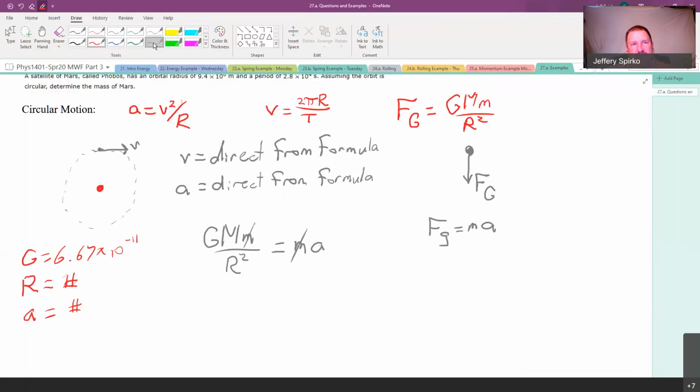It is M that we're looking for. So then we solve for M: we just multiply both sides by R squared and divide both sides by capital G, and that is the mass of the planet.